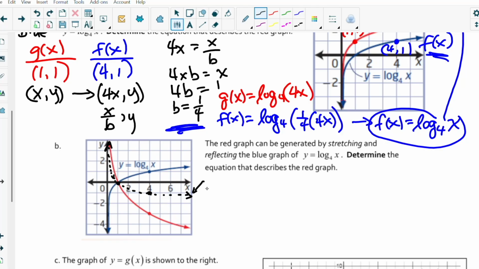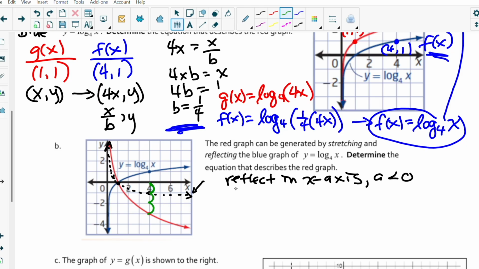So if that happens, that's the blue graph. So in black, this is the blue graph reflected in the x-axis. So a is less than 0. Okay, let's look at the vertical stretch factor. It looks like all we got left is a vertical stretch factor. I'll put this in green. If I'm going 1 unit down to get to the black graph, how many units do I go to the red? 1, 2, 3.